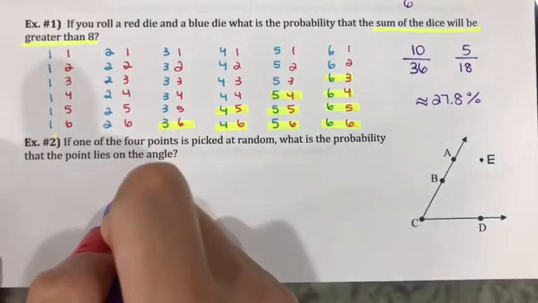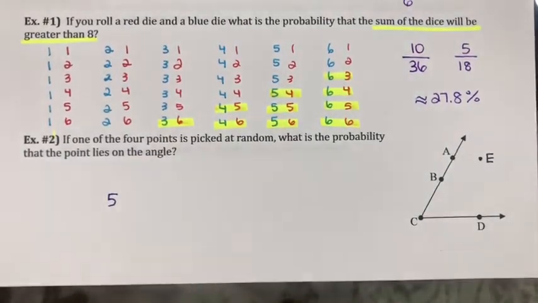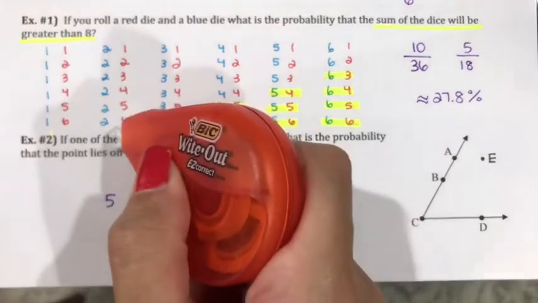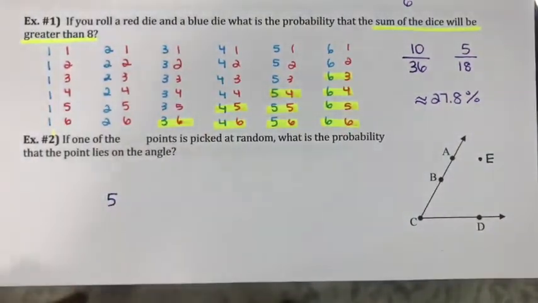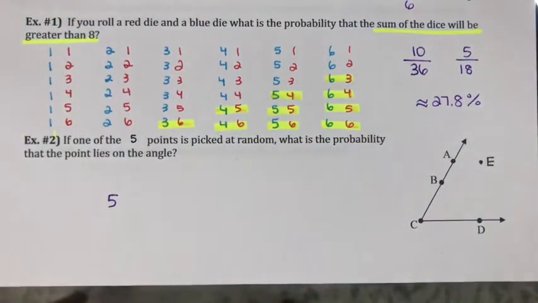So those are going to be, actually this should have said 5 as well. Let's go ahead and fix that. Okay, so if one of the 5 points, there we go, is picked at random, what is the probability that the point lies on the angle?